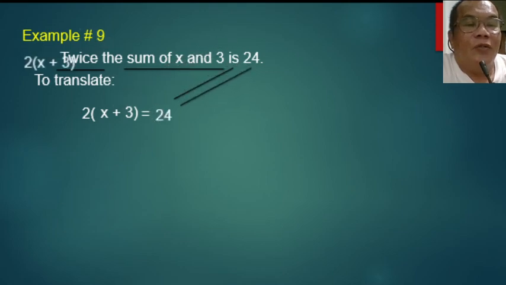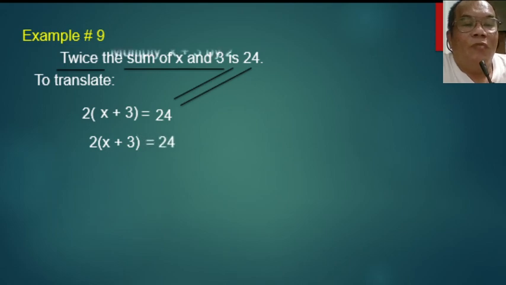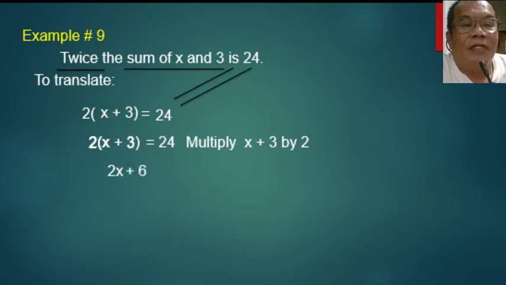So that is 2 times quantity x plus 3 equals 24. Multiply 2 by x and by plus 3. So you have 2 times x is equal to 2x, and 2 times 3 is equal to positive 6.